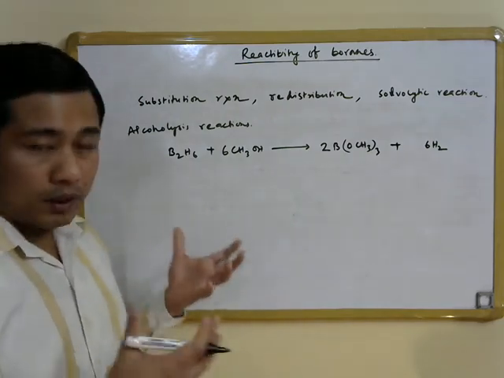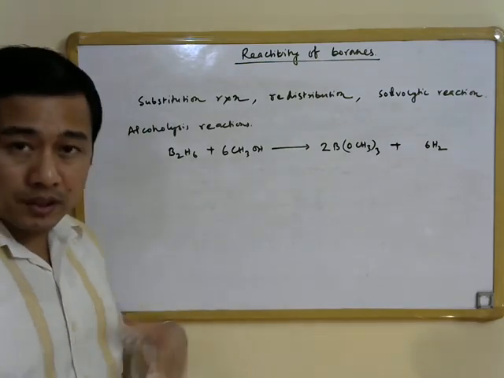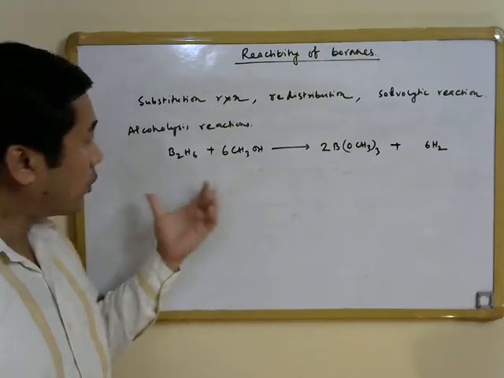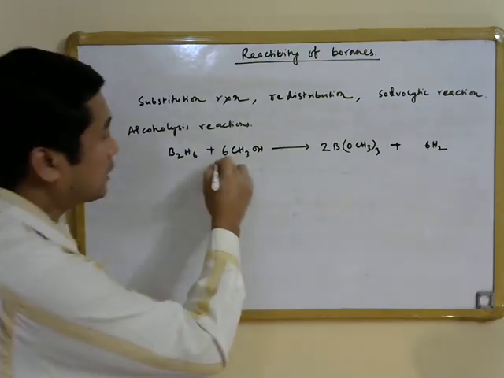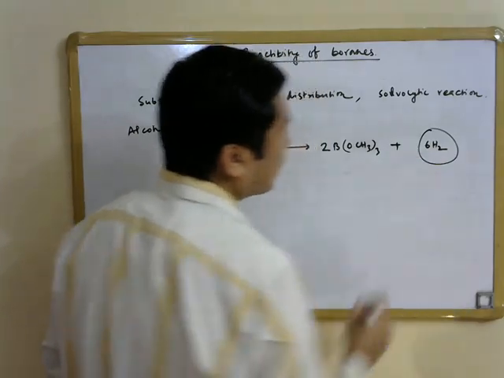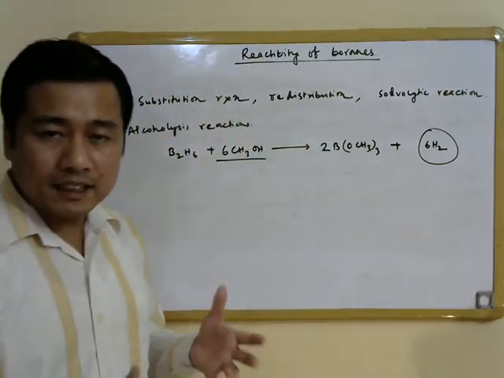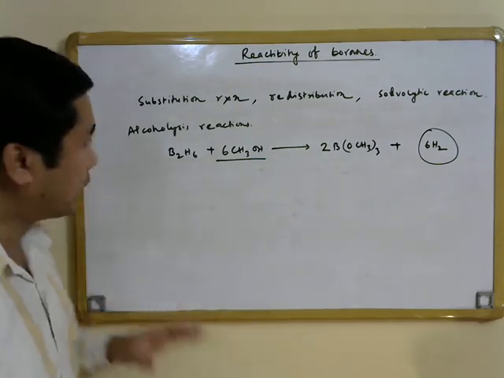In fact, at one point of time, people used to estimate the number of hydrogen atoms in borane molecules by such alcoholysis reaction or methanolysis reaction, because during this reaction the number of hydrogen molecules that are evolved is essentially equal to the number of hydrogens present in the borane molecule.